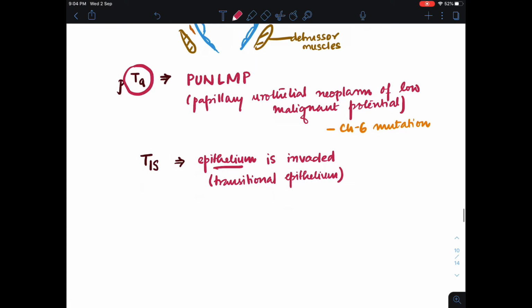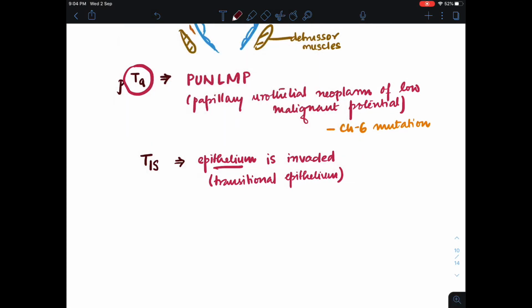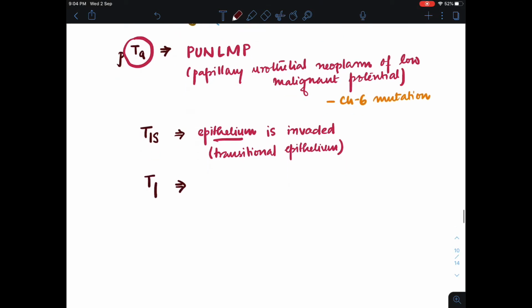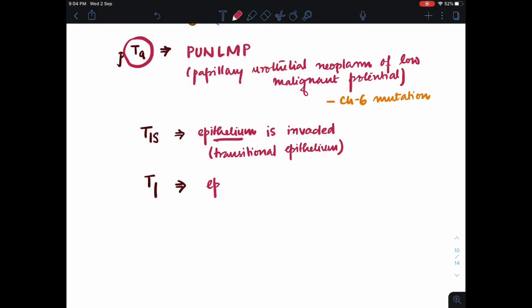Now the third stage, that is T1. T1 means that the epithelium is invaded and also the basement membrane is not intact.